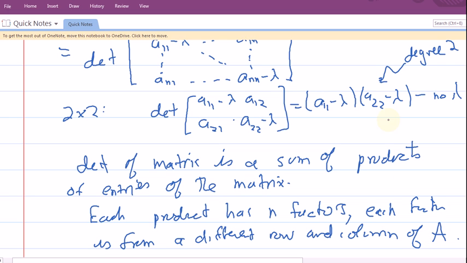For instance, if you look at this determinant, this A11 minus lambda is the first row, first column. Now if I cross out the first row and the first column, this is the only one that's left. And in fact, that's the other term.